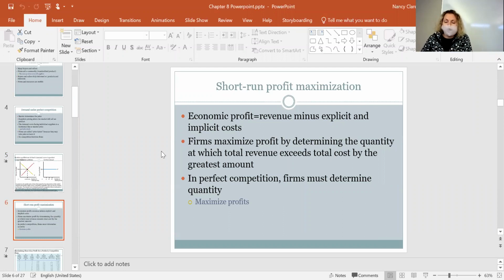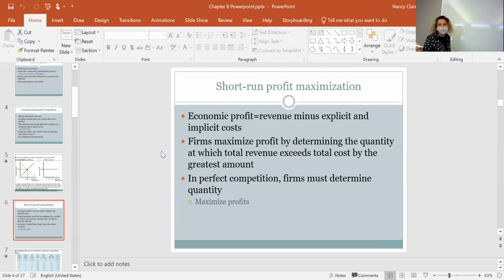Firms maximize profit by determining the quantity at which total revenue exceeds total cost by the greatest amount. From this point on, if the word profit comes up, you can assume I'm talking about economic profit, because in this class there is no other type.